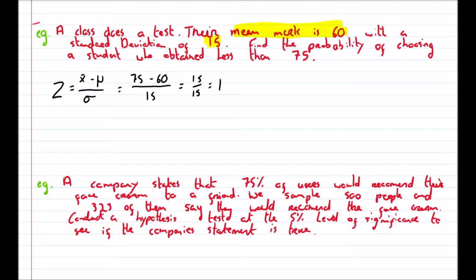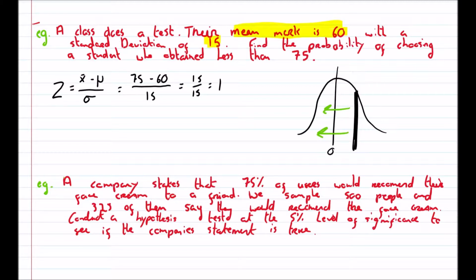Okay. Now let's sketch that. So remember, this is 0, negative z-scores that way, positive z-scores that way. This is positive, so it's up here somewhere. And we're looking at the probability of getting less than it, so it's back this way.